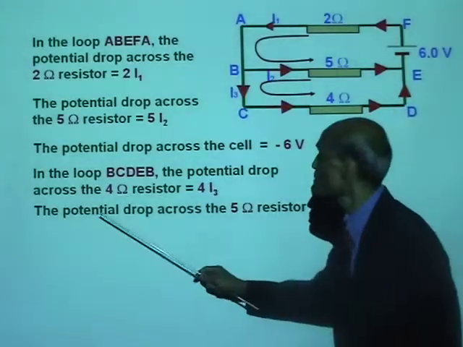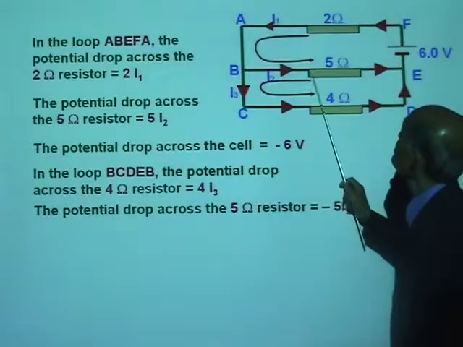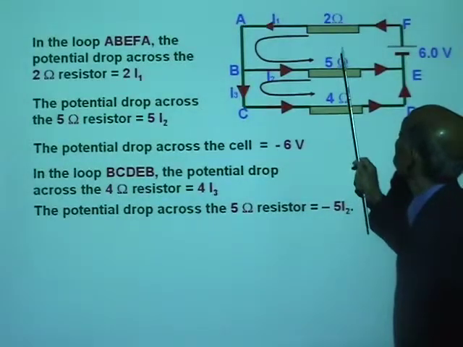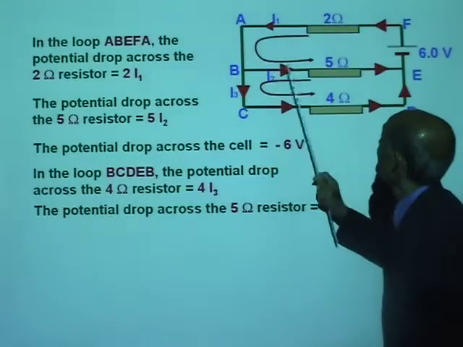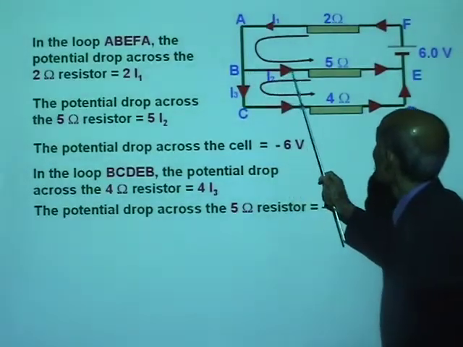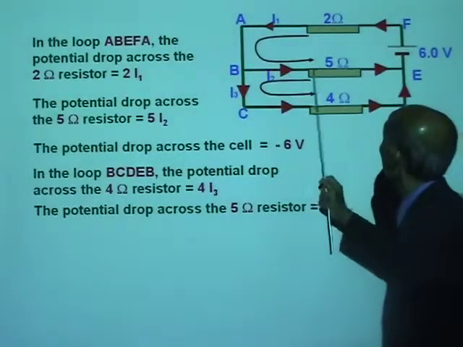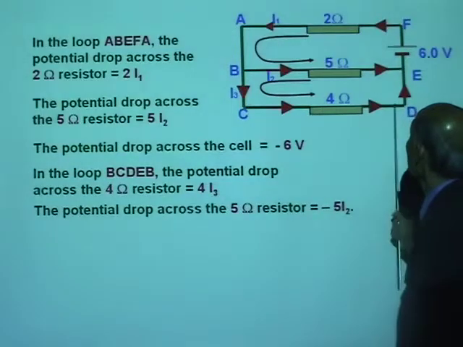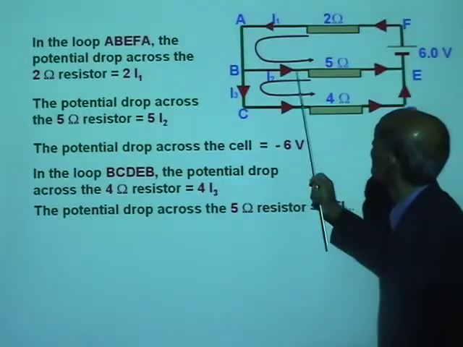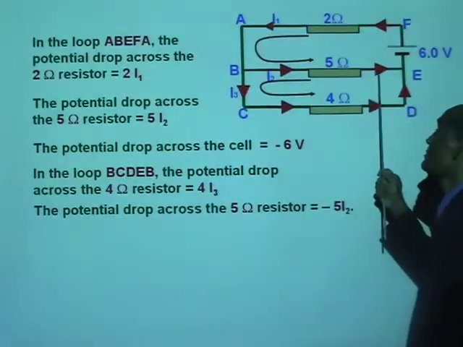How about the potential drop across the 5 ohm resistor? The potential drop across the 5 ohm resistor is 5 times I2, but the current is in the opposite direction to the loop. The loop goes like this, B, C, D, E, B, and the current in the 5 ohm goes in the opposite direction.